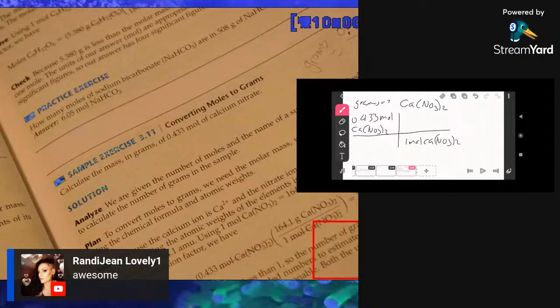1 mole of calcium nitrate weighs how much? So calcium is 40 plus 2 nitrates. How much is nitrate weight again? 14 plus 6 times 16, because there's 6 oxygens. 3 times 2 is 6.